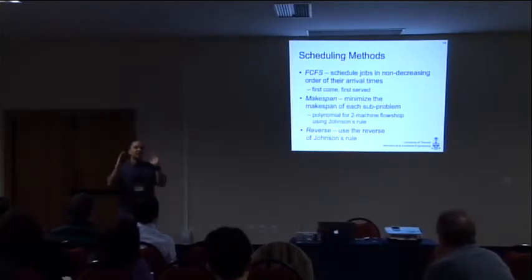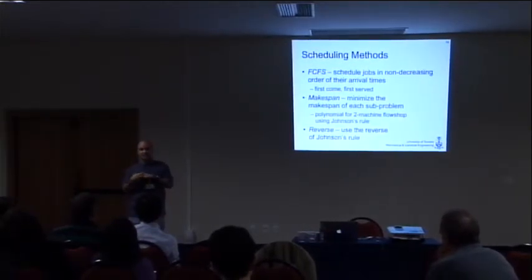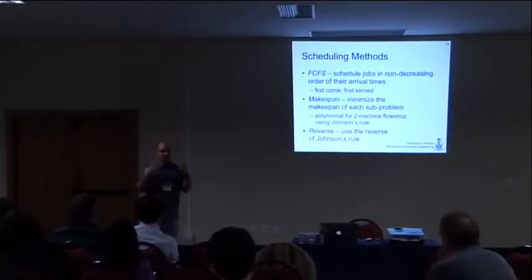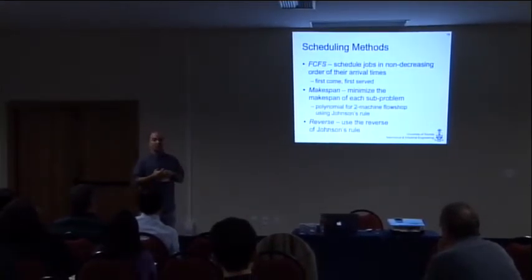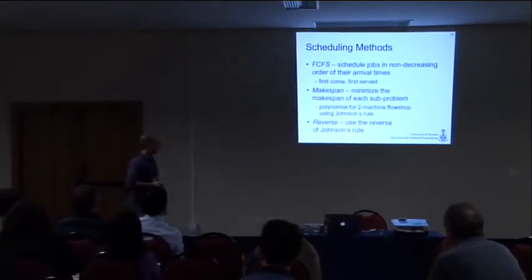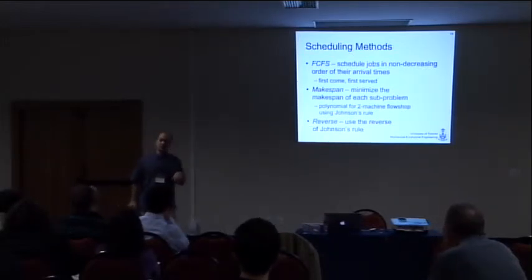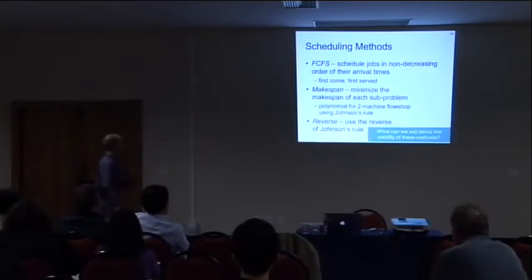Another reason we took a two-machine flow shop is that a two-machine flow shop is actually polynomial. So there's a technique called Johnson's rule, which will in polynomial time minimize the makespan for a two-machine flow shop. And we're going to throw in reverse, which does the opposite of Johnson's rule. But since I didn't tell you what Johnson's rule is, I'm not going to tell you what reverse is.